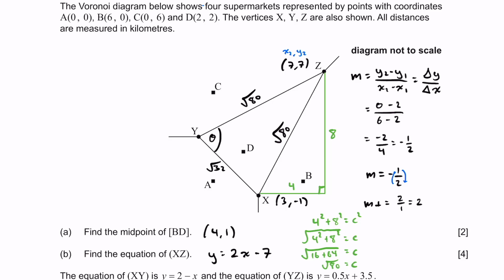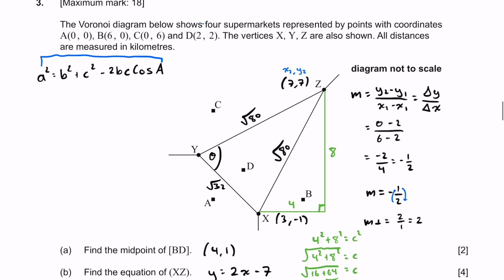Here's our cosine rule: a squared equals b squared plus c squared, which is actually Pythagorean with this little change at the end, minus 2bc cos A. We see this A appears twice. What does that mean? It means we're matching up a side length with its opposite angle. So these two have to match up.